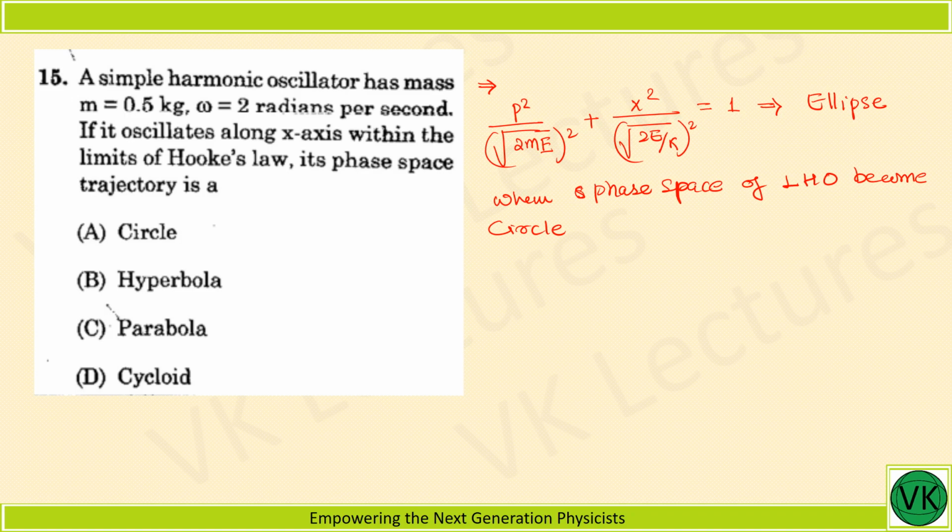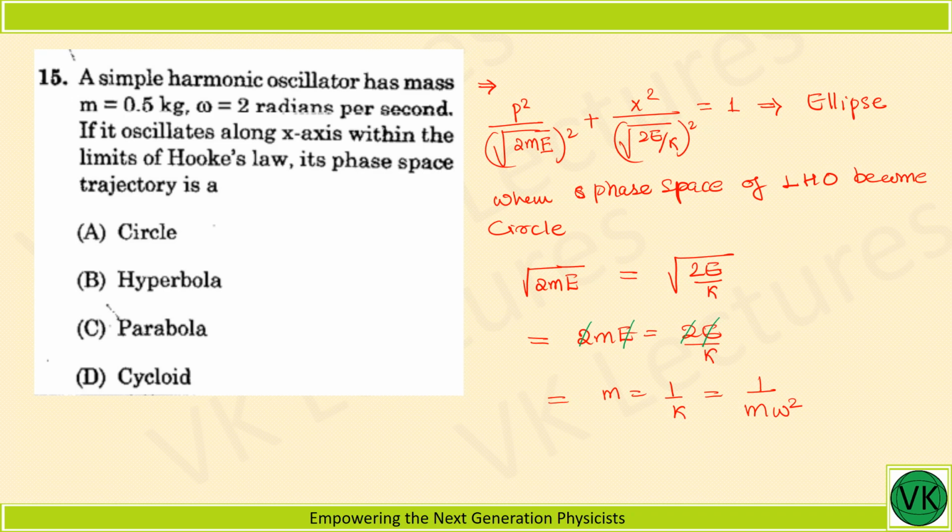Now if it has to be a circle, then a equal to b, that means the denominator root of 2me should be equal to root of 2e by k, which means 2me equal to 2e by k. 2 gets cancelled, 2 and e get cancelled, so m is equal to 1 by k, that's equal to 1 by m omega square, k equal to m omega square, which means m square equal to 1 by omega square or m is equal to 1 by omega.